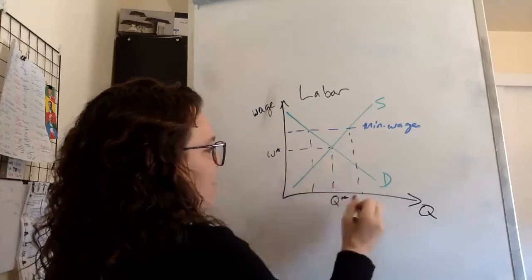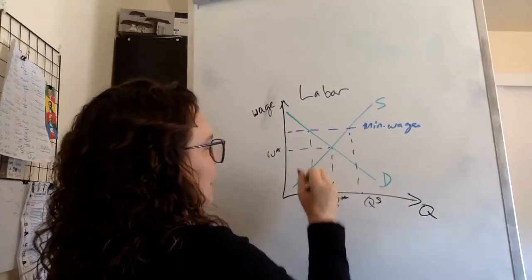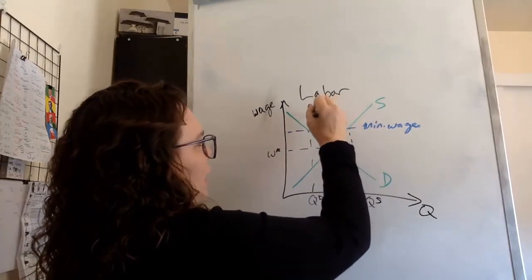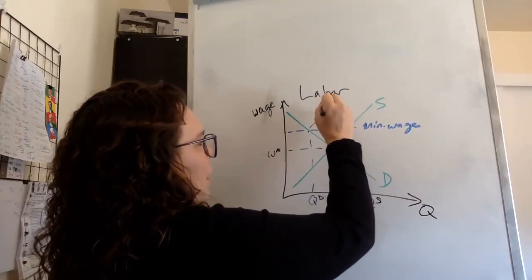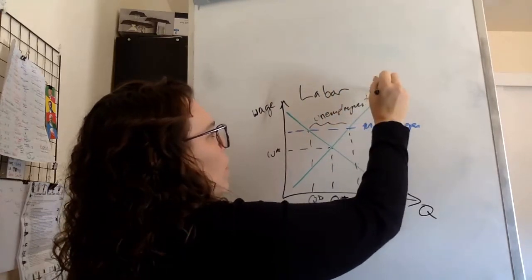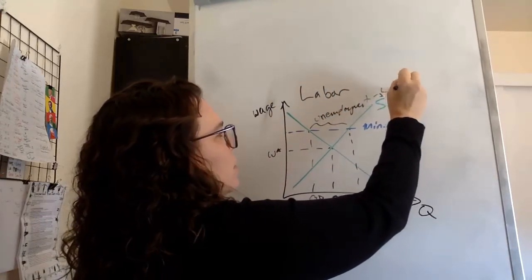So quantity supplied of labor is greater than quantity demanded. That's another way of saying we would have increased unemployment or a labor surplus.